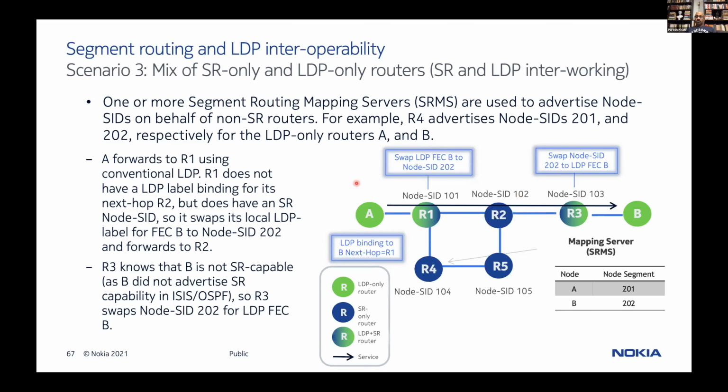So I hope that doesn't put anyone off segment routing, but this is an unusual case, but it's possible. Okay, so I think that pretty much brings us to the end of the presentation.